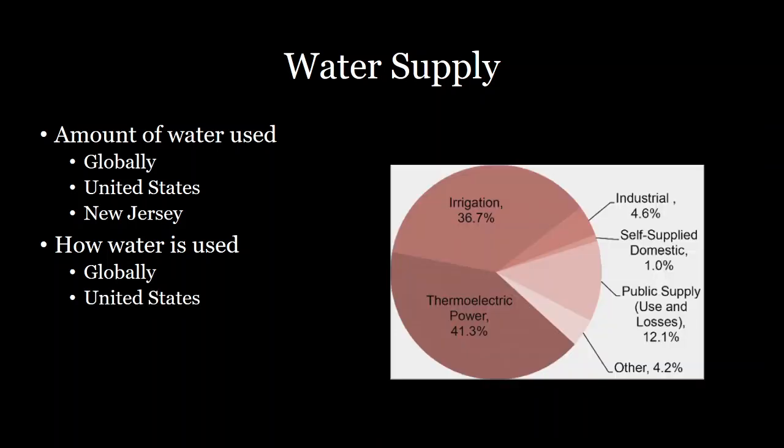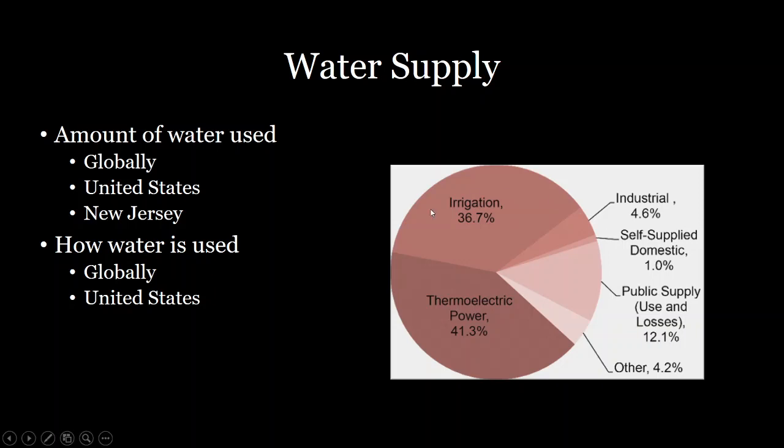We can zoom in on the United States again and look at how we use our water. So maybe surprisingly, the majority of our water use goes into thermoelectric power production. So it's used in dams to produce electricity.